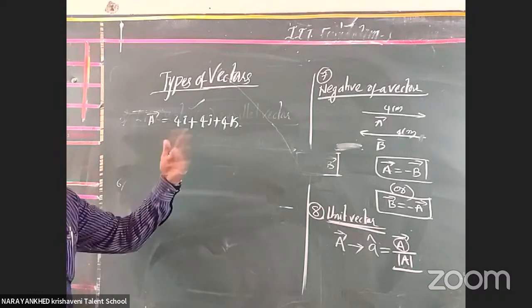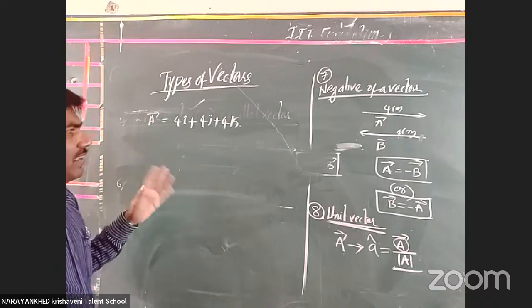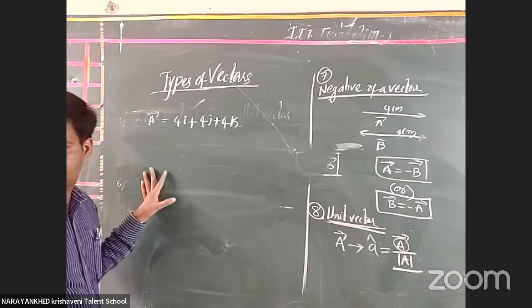What is this ijk? We'll discuss it later. These ijk are the unit vectors along the x-axis, y-axis, and z-axis. They indicate the direction.